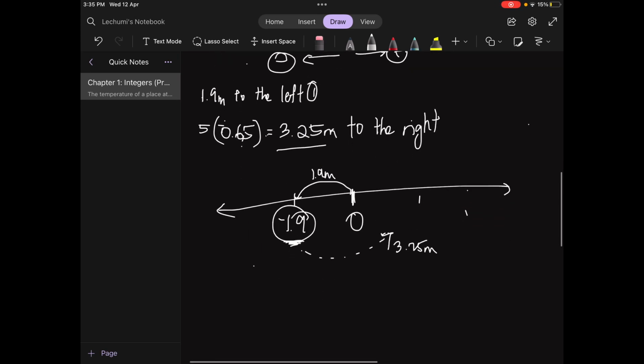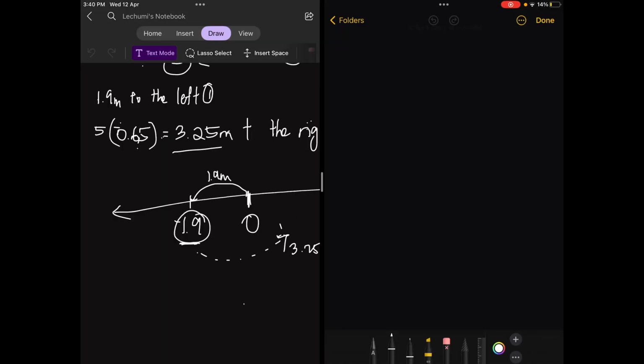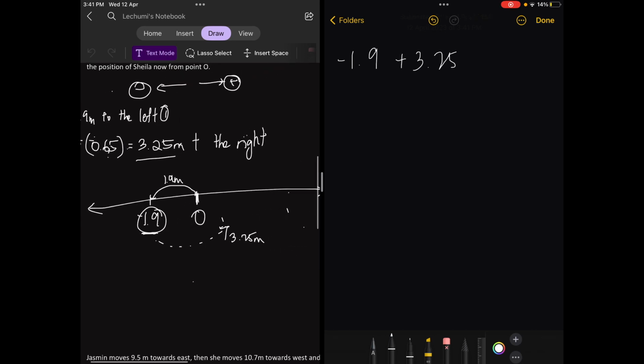So what happens here is we get the mathematical equation of -1.9 plus 3.25, where -1.9 is the position, plus 3.25 meters, which is the action of moving towards the right.